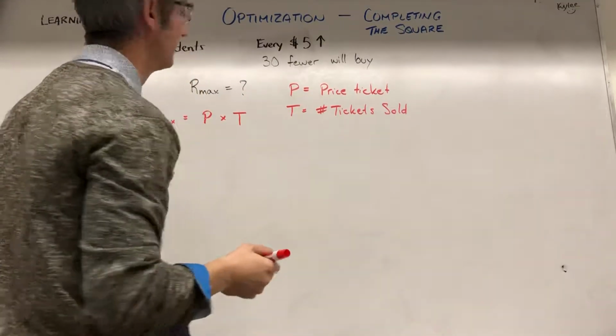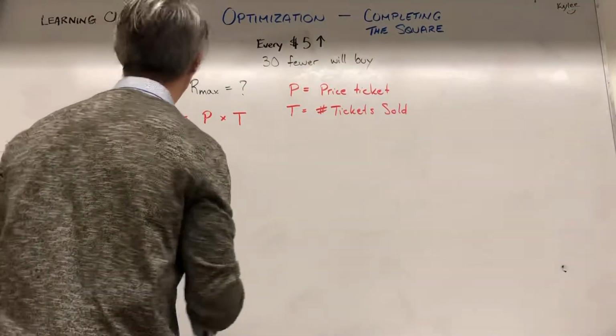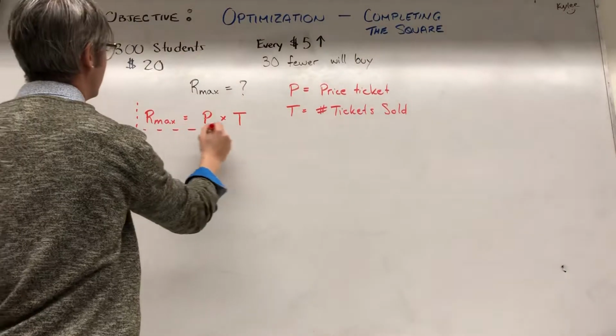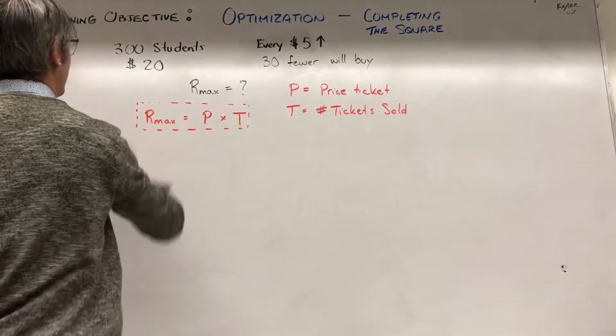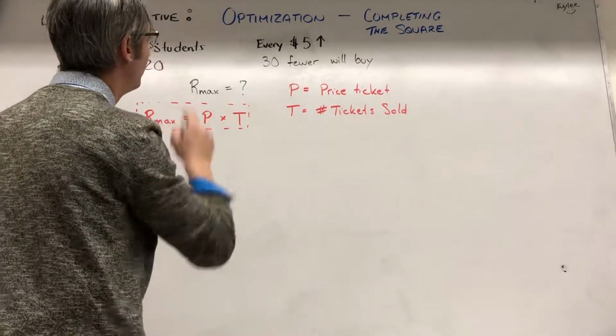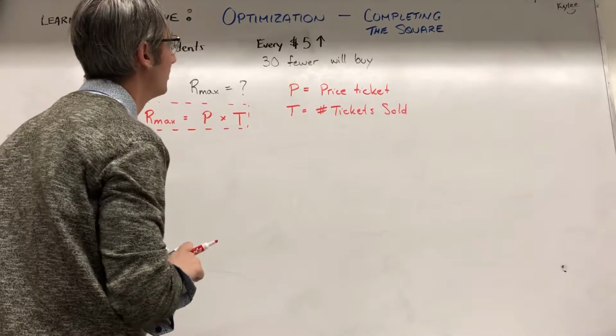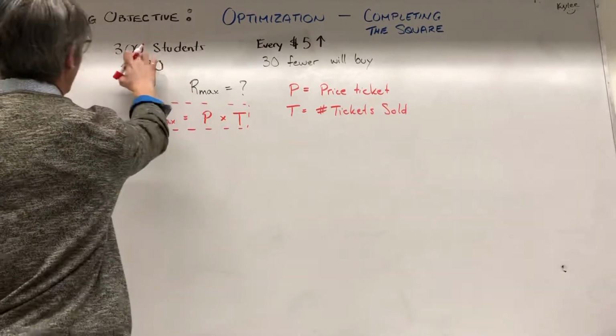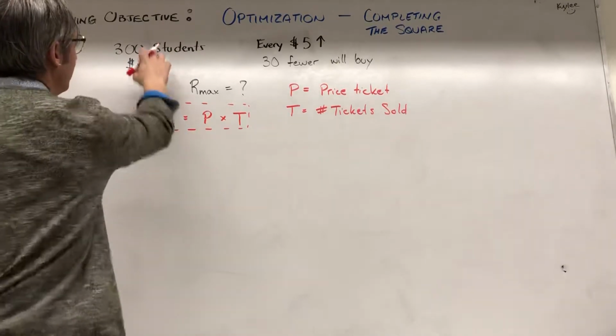And then our max is our max revenue. So we know this, and then we know that for every $5 increase, 30 fewer students will buy. But we know that we're starting at 300 students and $20.